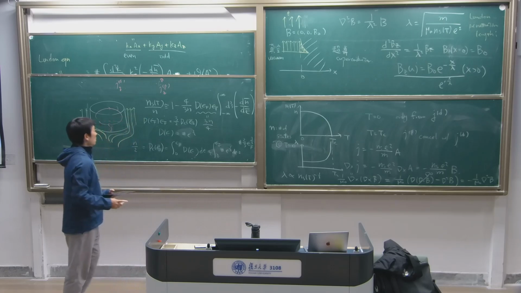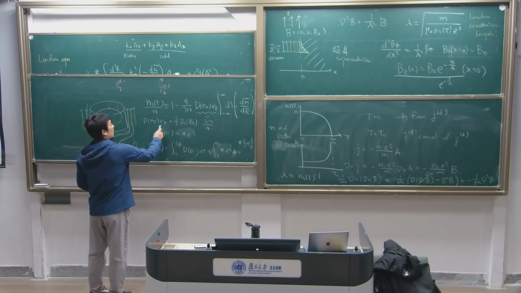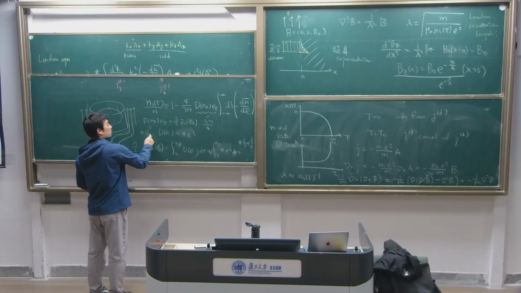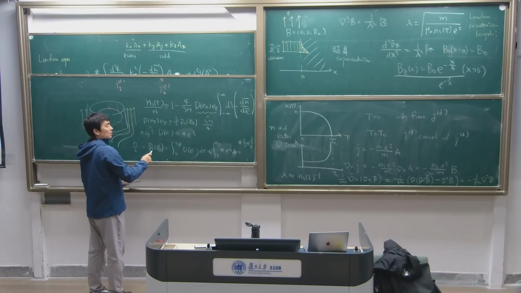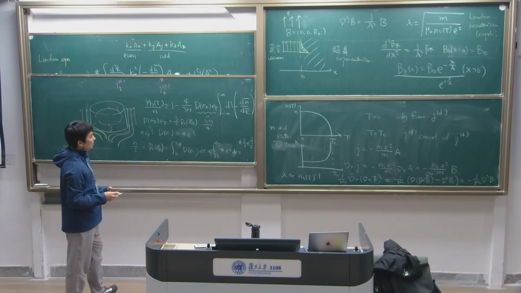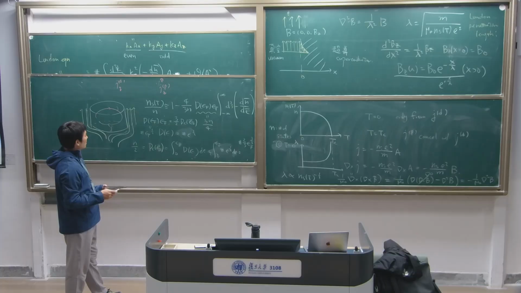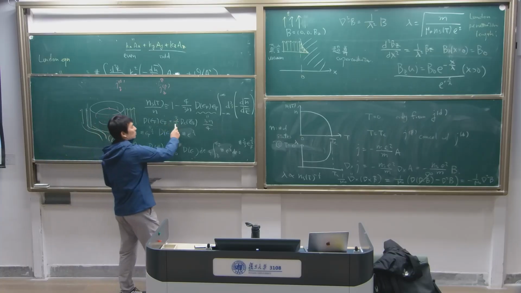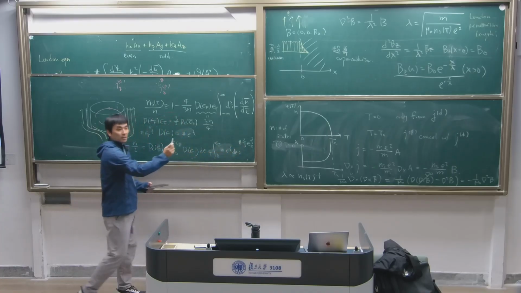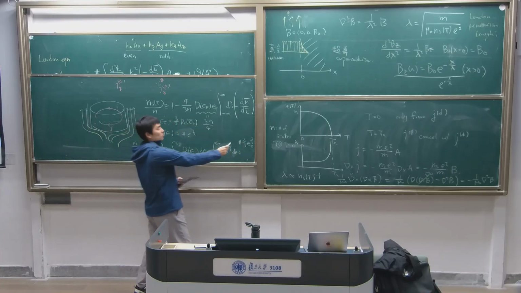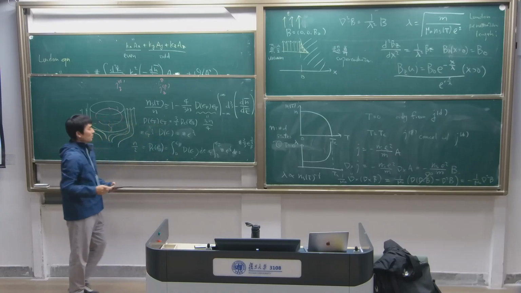And then this is just a number times the Fermi energy to the 3 halves, right? Is it okay? Yes. And if you want the integral of E to the one half, you just count the 2/3, and you get this. Okay?